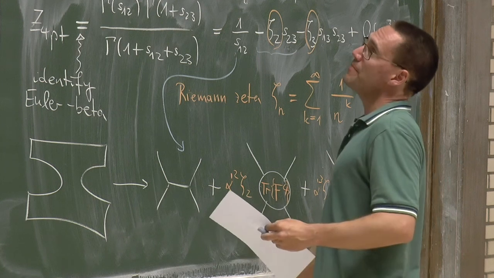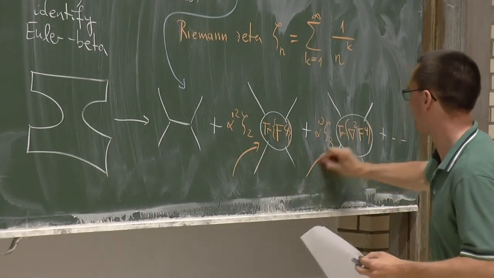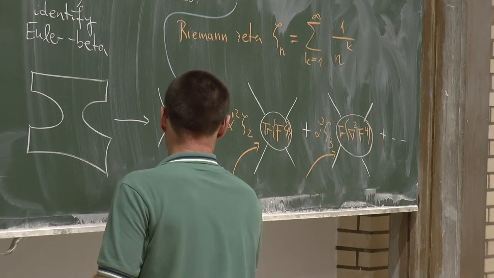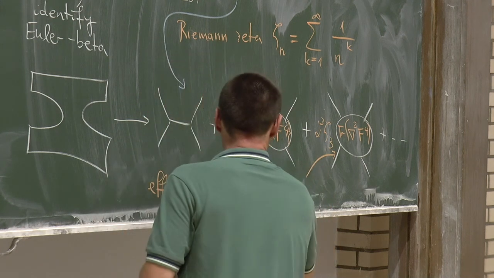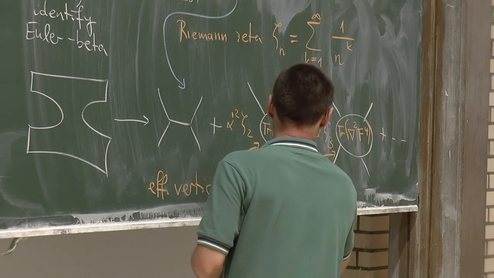Okay, so in summary, when you do Taylor expansion in alpha prime, you can get the fingerprints of effective vertices, higher derivative vertices, and morally they stem from integrating out massive modes.